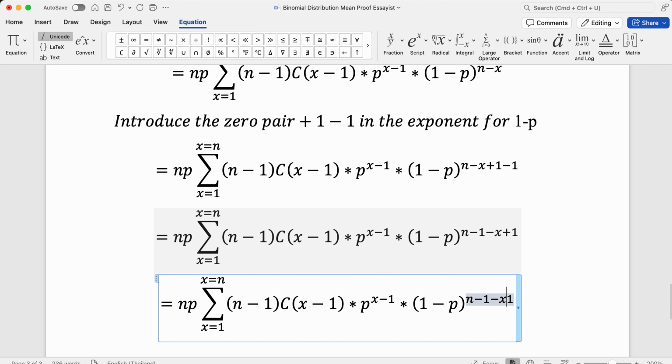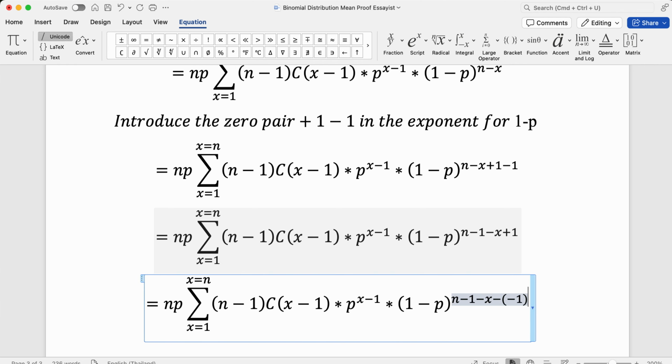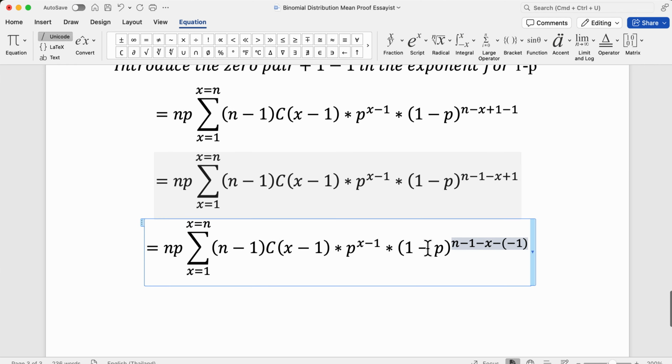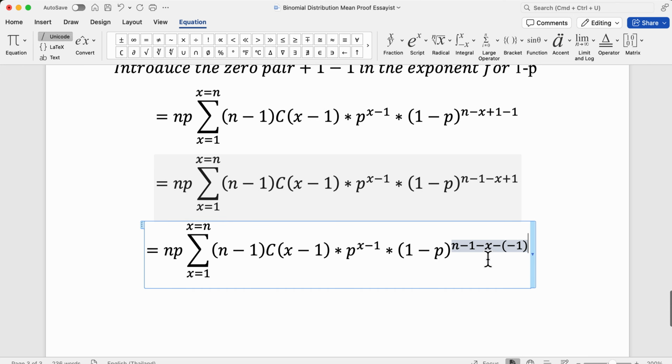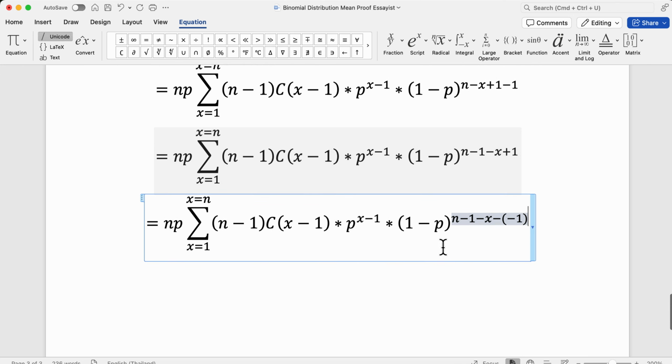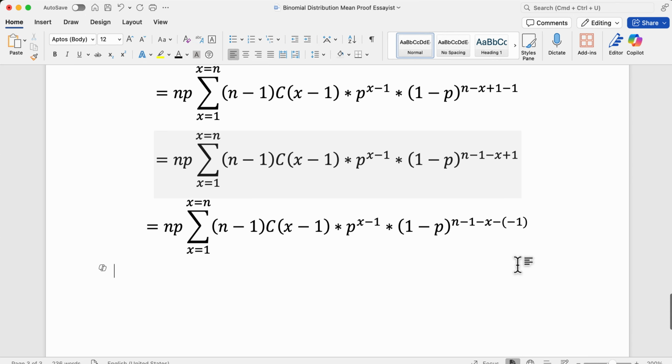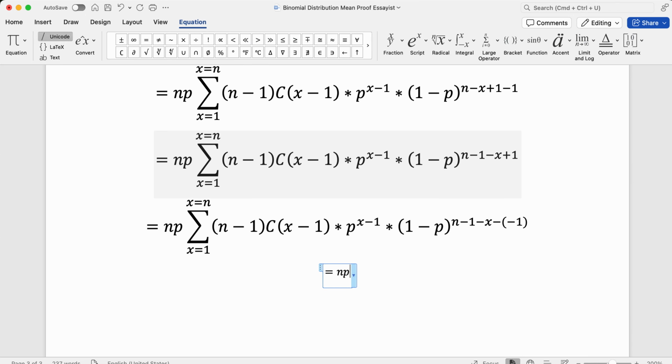So this is minus 1. And then if you factor out negative 1 from there, that just ends up giving you np.